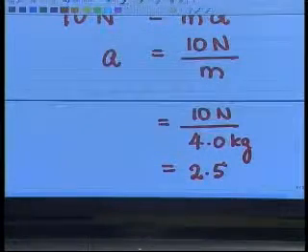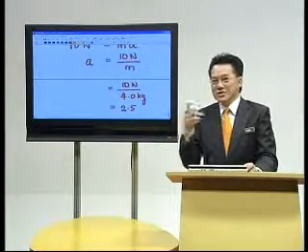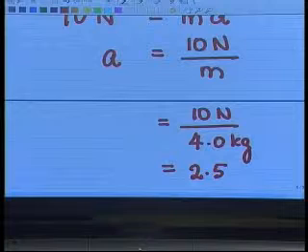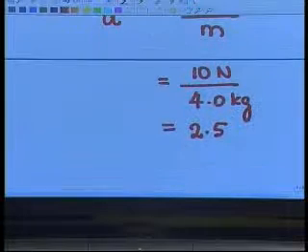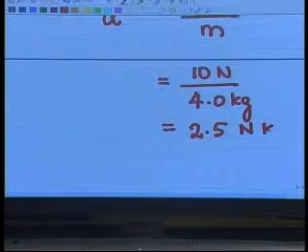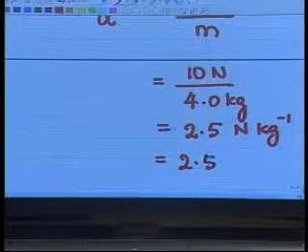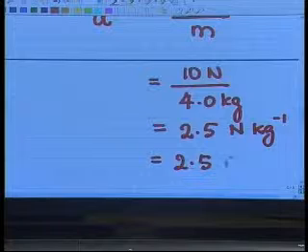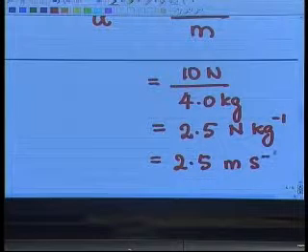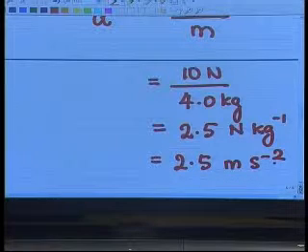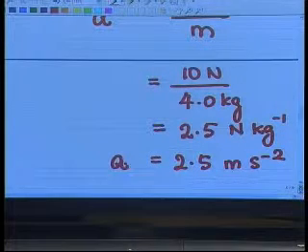Now what about the units? I'm sure you will tell me, Uncle, it is Newton per kilogram. You are correct. And 1 Newton per kilogram is also equal to meter per second per second. That is the acceleration.